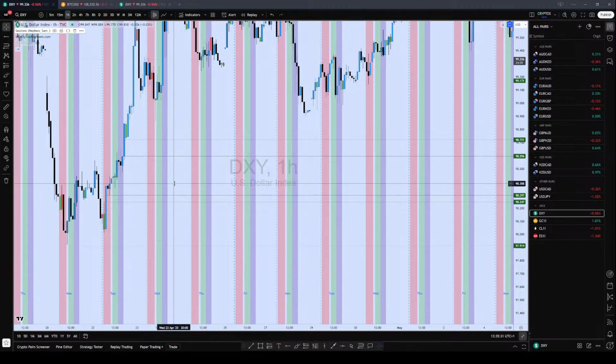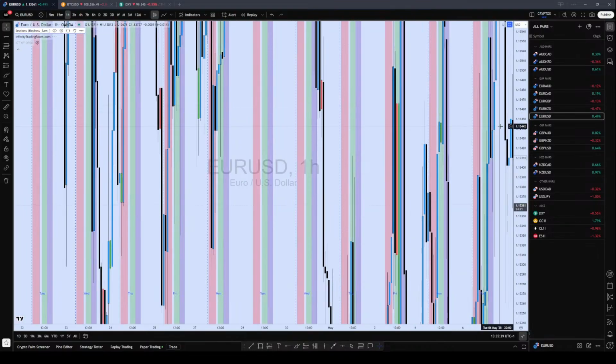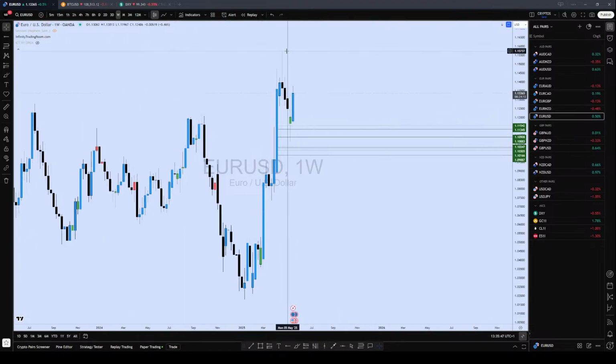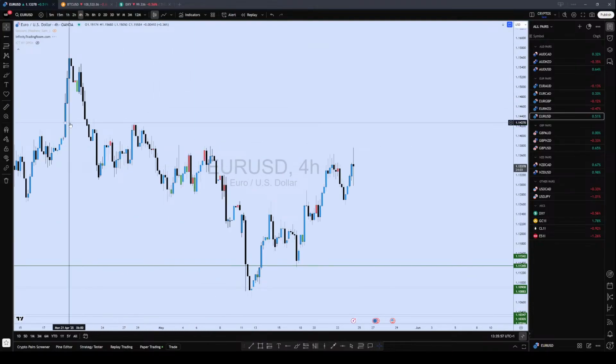All right. Okay, so with that, euro will resume going up. From the weekly perspective, we might come first of all above this high, that high, then that fair value gap, so 1.1425.